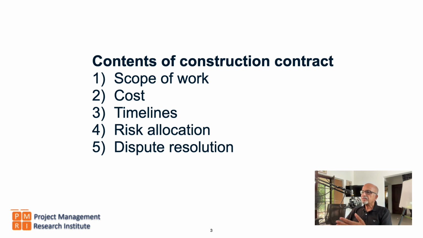If there is a schedule slippage, who will bear the risk? Those things are detailed under risk allocation, and provisions for dispute resolution also are documented in the contract document.